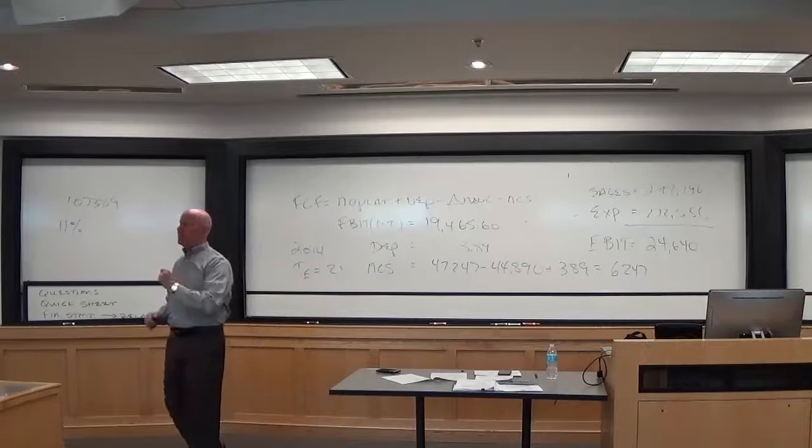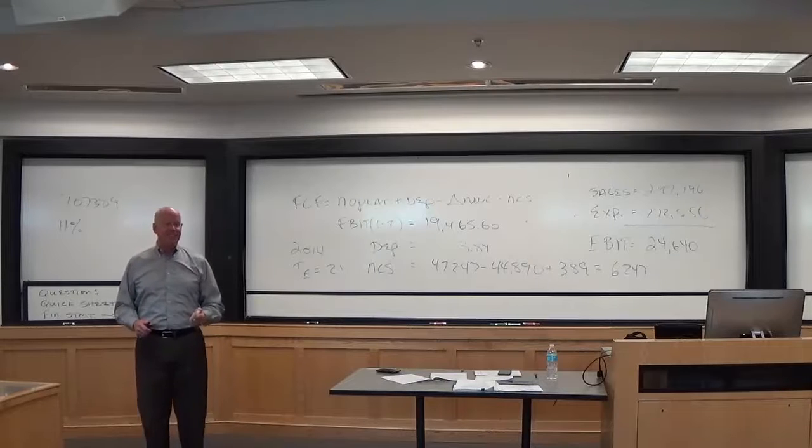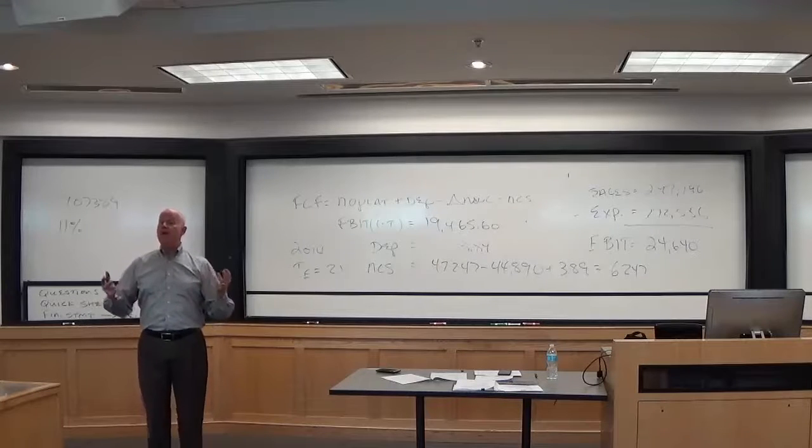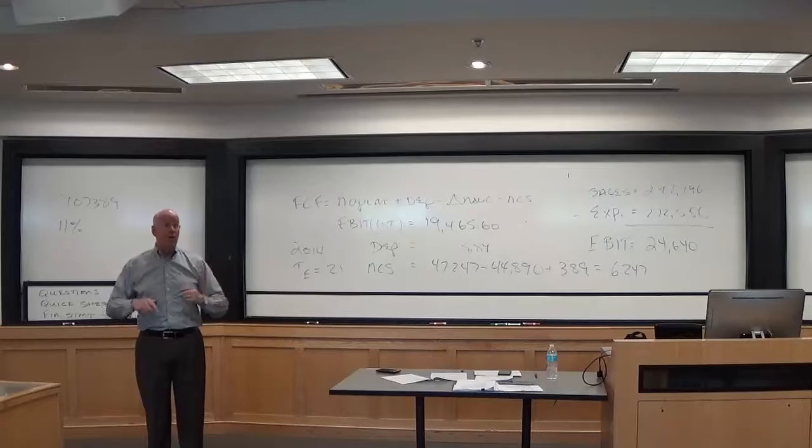Your depreciation. Depreciation equals $7 million. Okay? So if we're only spending as much as the depreciation, all we're doing is replenishing our fixed asset base so that we always have the same kind of value there. We're kind of replenishing it back to its original state, right?